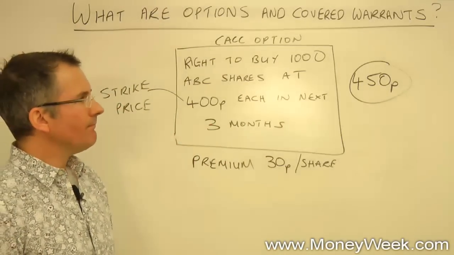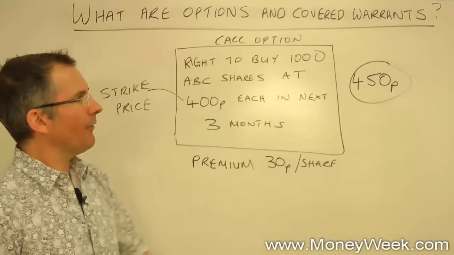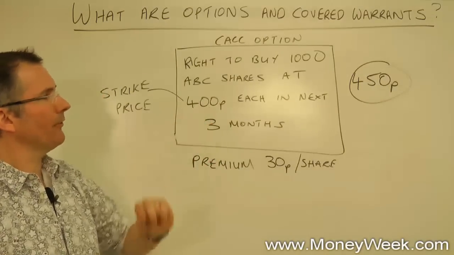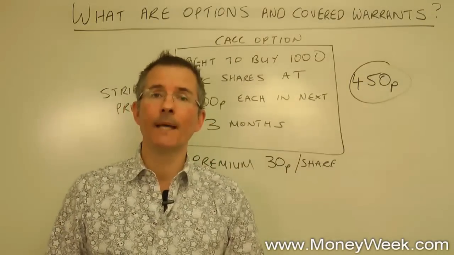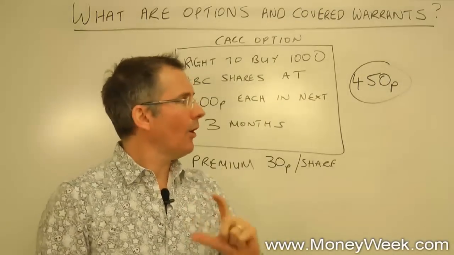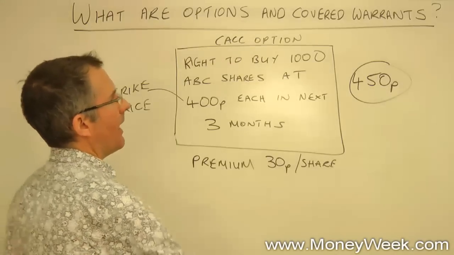Okay? Now, that's a bit of a pain for me. I've spent £4.50 buying shares I have to deliver to the holder of this option at £4 each. Okay? However, the holder is laughing, potentially, because the holder of the option makes a nice little profit out of this. Let's see how that works.